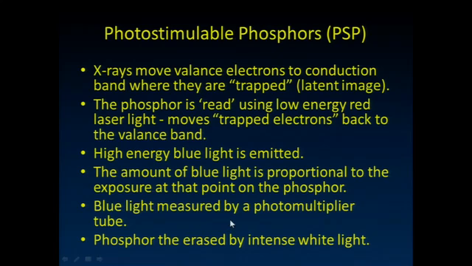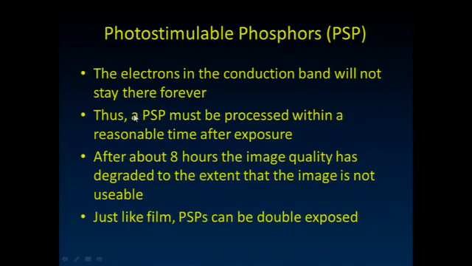The phosphor at the end is then erased with an intense white light, because in truth, as you stimulate the phosphor, some of those electrons have stayed in the outer band, and you now want to move them all back to the inner band before you use the plate again. Otherwise, you end up with a little bit of a double exposure.